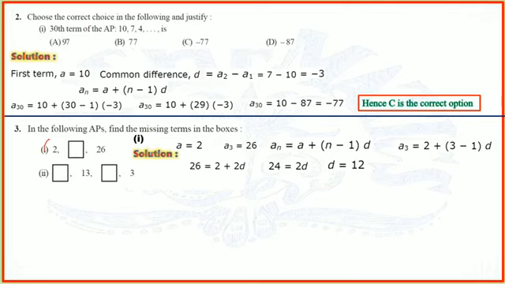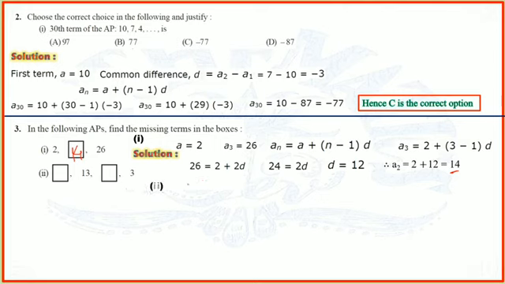So the first term is 2, and the second term would be a plus d, that is 2 plus 12, which is 14. Then 14 minus 2 is 12, which is d, so we can verify that as well. That's all about this first part: a2 is 14, that is the missing term.